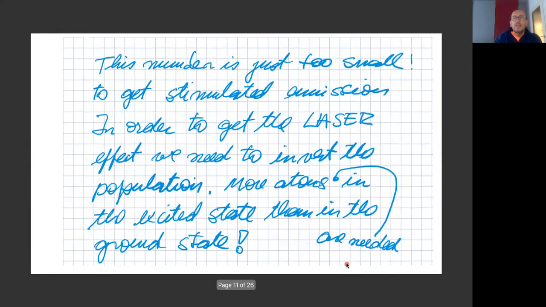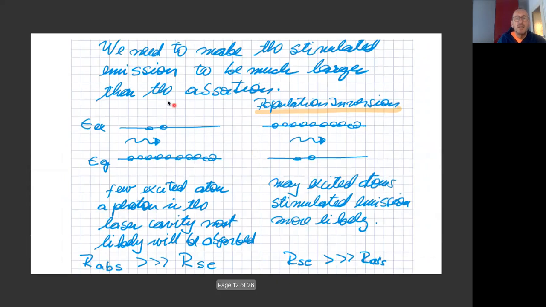So this number is just too small to get the process of stimulated emission going. In order to get the laser effect, the light amplification by stimulated emission, we need to invert the population. What do I mean by inverting the population? The model that I have now is plenty of atoms in the ground state.